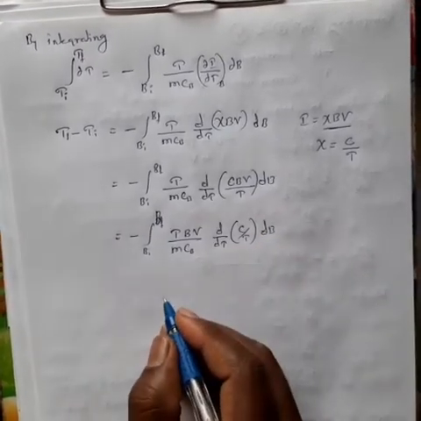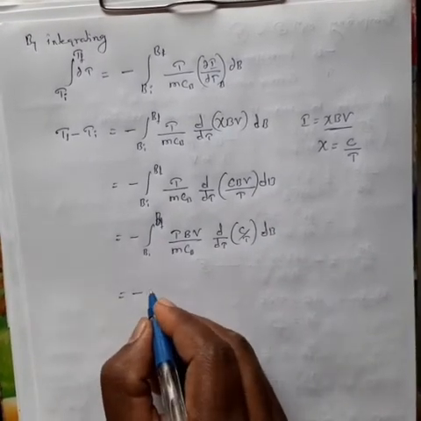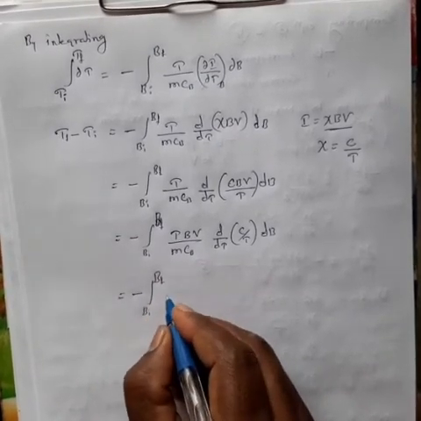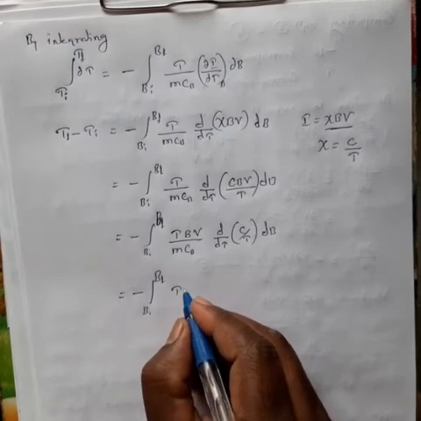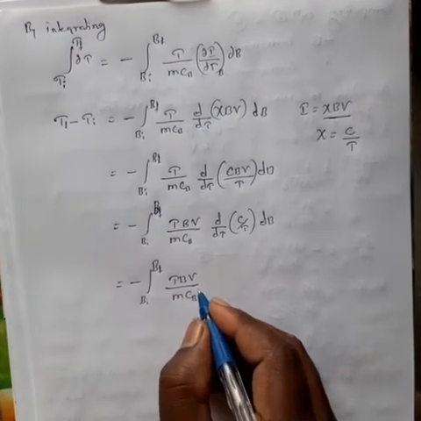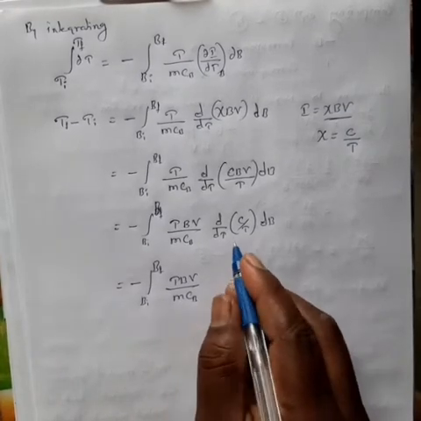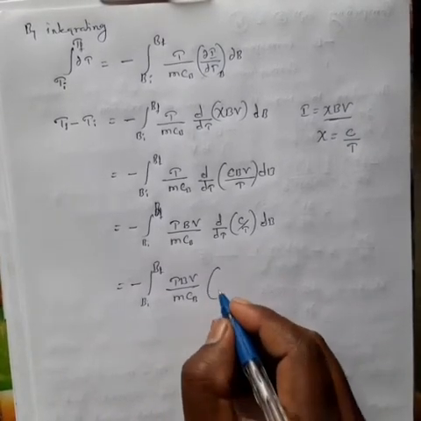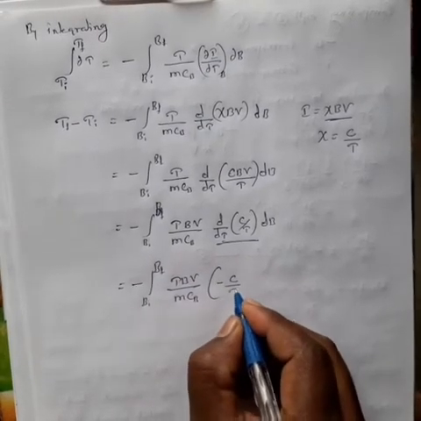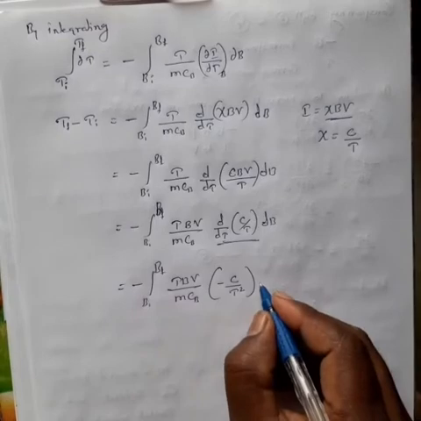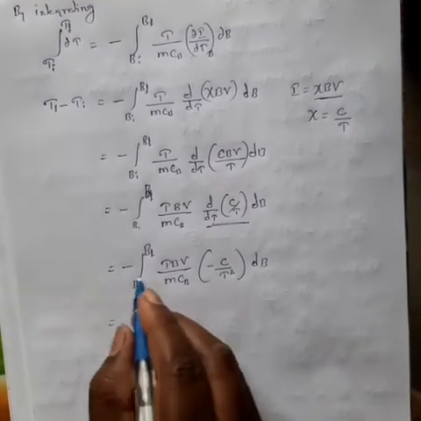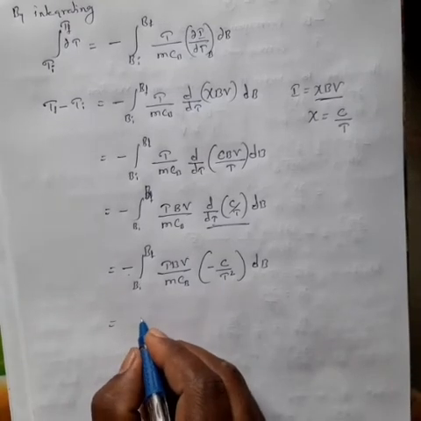So if we simplify further, the integration from Bi to Bf of T BV divided by M into CB, if we differentiate this, we are going to get minus C divided by T square into dV. So minus into minus becomes a plus.